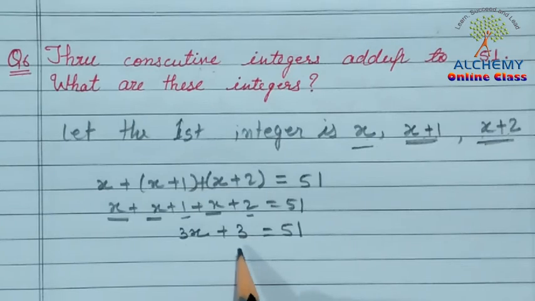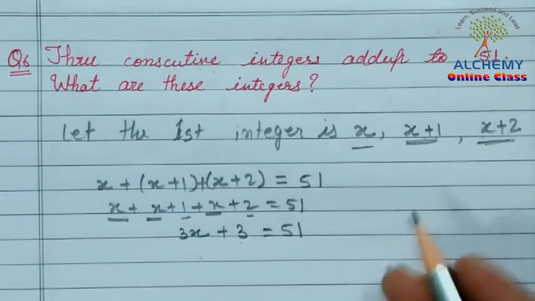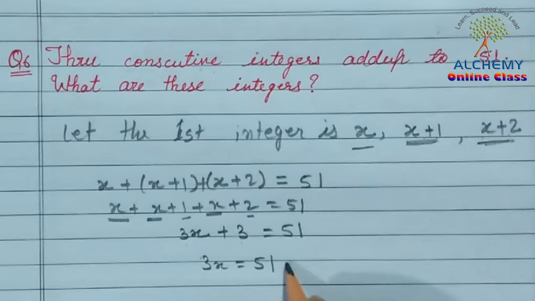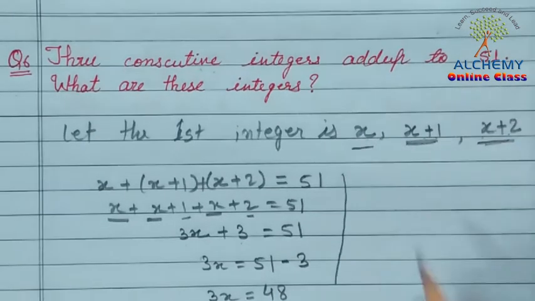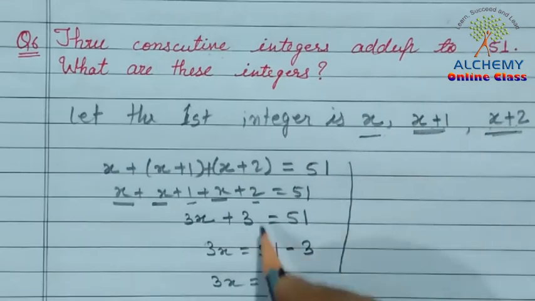As we can see here, this 3 is in addition. So when we take this 3 to the other side of the equal sign, it will be subtracted from 51. So 3x is equal to 51 minus 3, so 3x is equal to 48. When we have 3x is equal to 48, what will be the value of x?